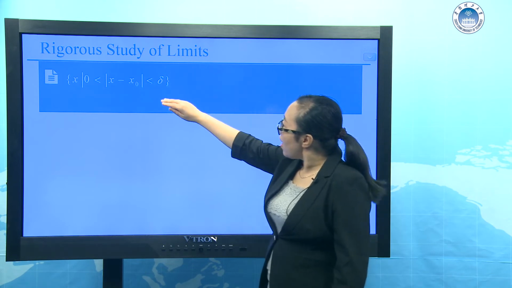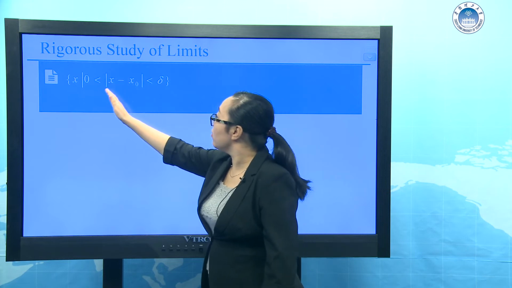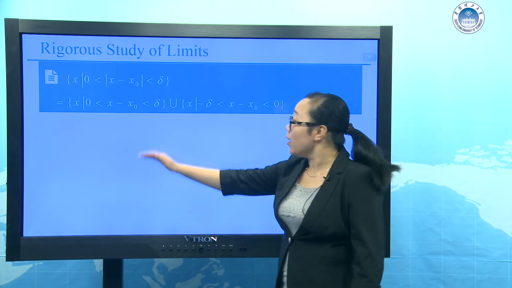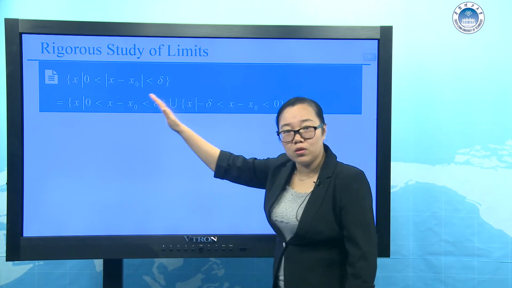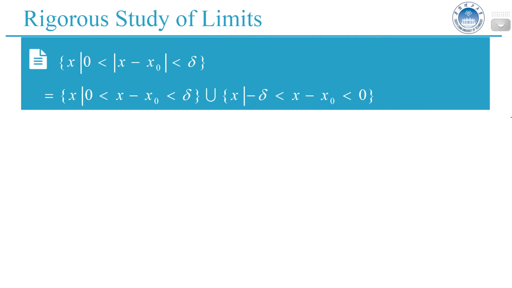Look at this. X minus x0 absolute value between 0 and delta. This means the corresponding delta neighborhood equals the union of the two open intervals: x minus x0 between minus delta and 0, and x minus x0 between 0 and delta. This is one set equals the union of the two sets. According to this relationship, we have the following property.